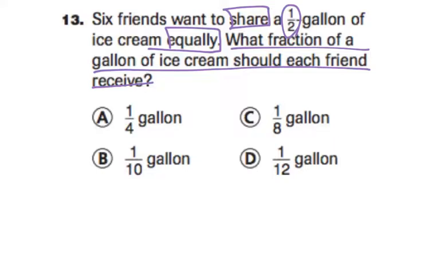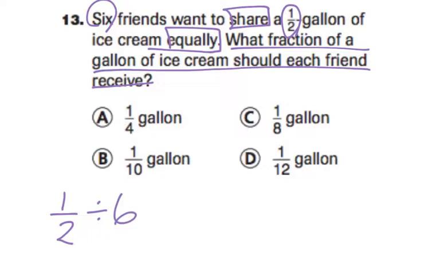Now, the amount they have is 1/2 gallon. That's the total they have. And they're going to be dividing it among the number of friends. They told us in the problem that is 6. So we're thinking, if I need to break 1/2 into 6 pieces, what would I get?